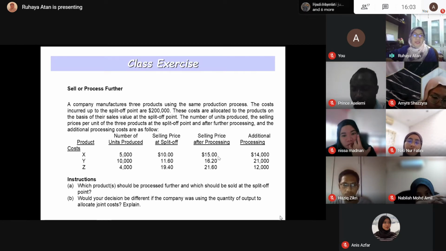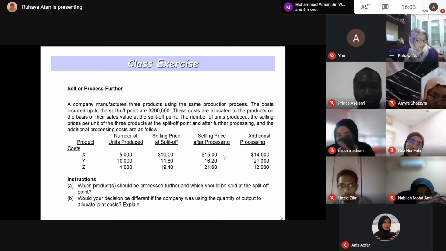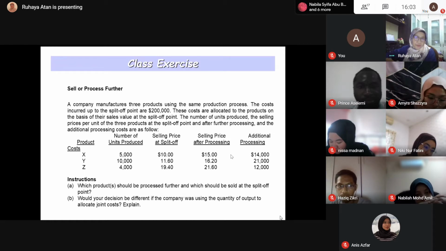And you compare with the cost. So are you making an incremental increase in profit for X? What do you get?